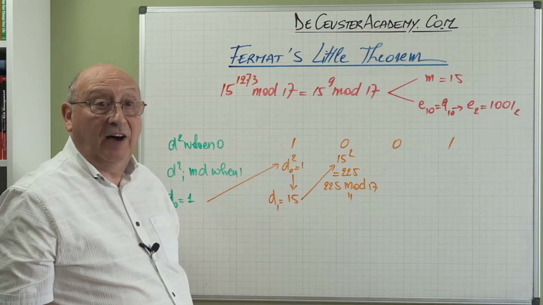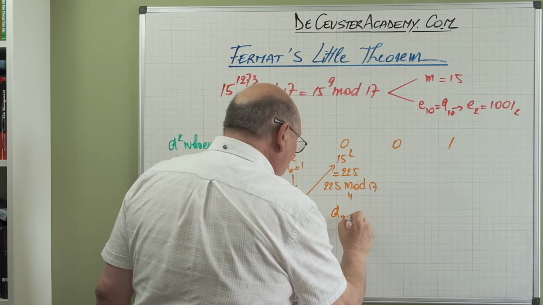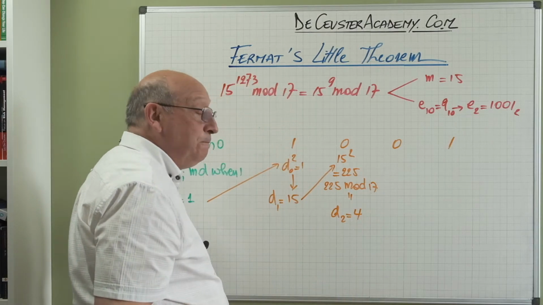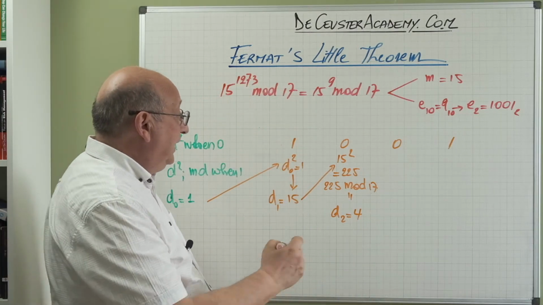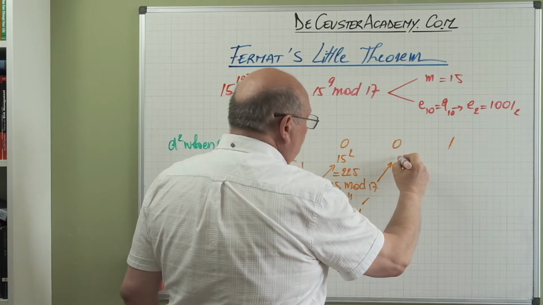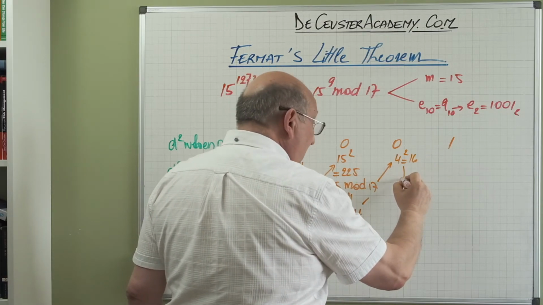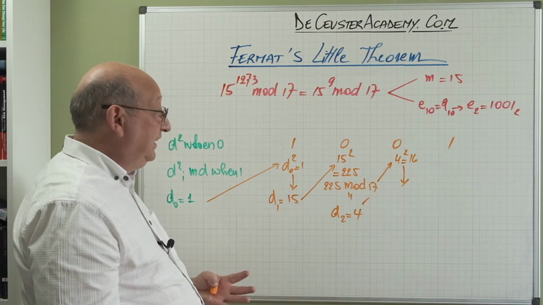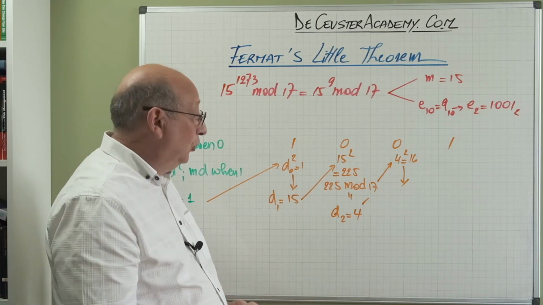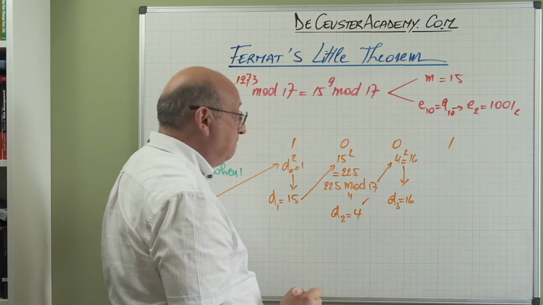Well, here we find that d2 is equal to 4. We continue now again, we have 0, so we only have to have d2 to the square, so 4 to the square is 16. 16 modulus 17 is still 16, so d3 is equal to 16.